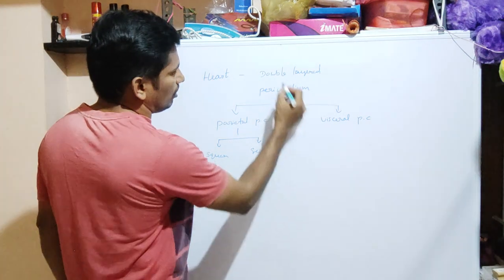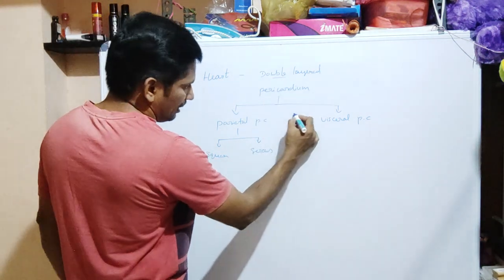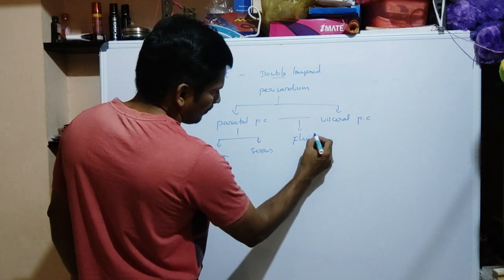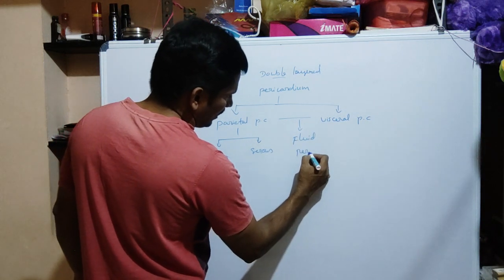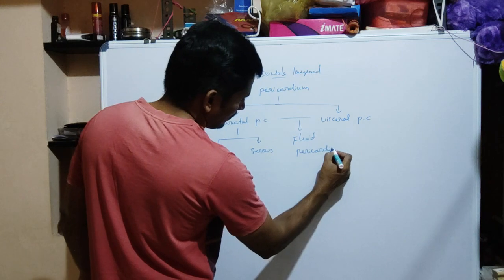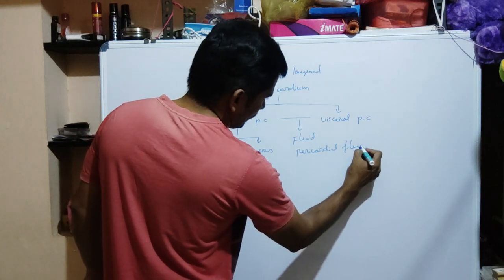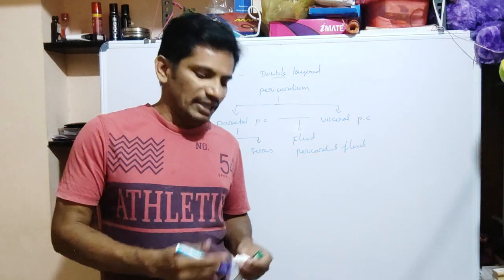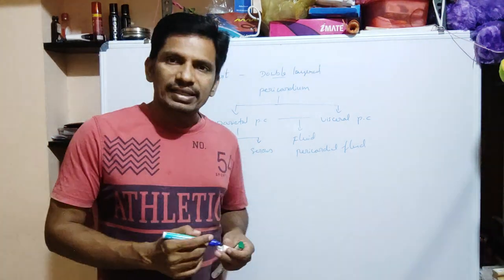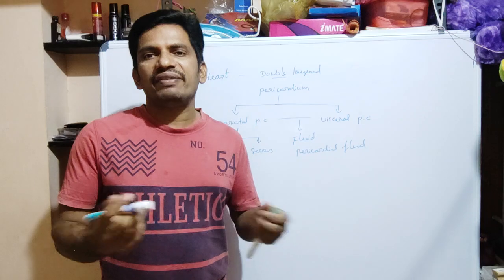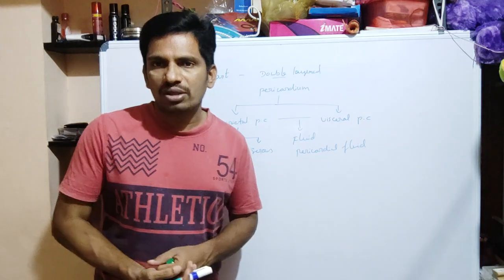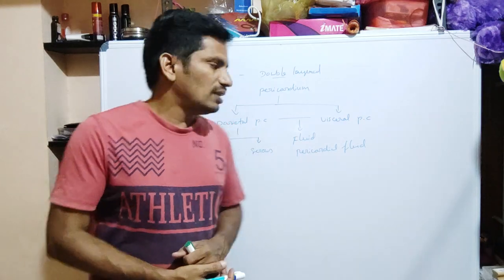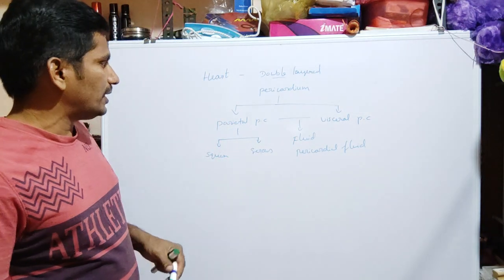Between these two layers, the double-layered membrane, there is a fluid called the pericardial fluid, which prevents mechanical shocks or blows. That's the function of the pericardial fluid.